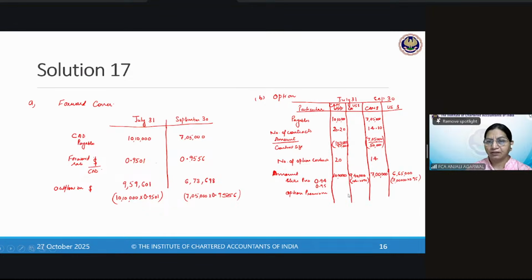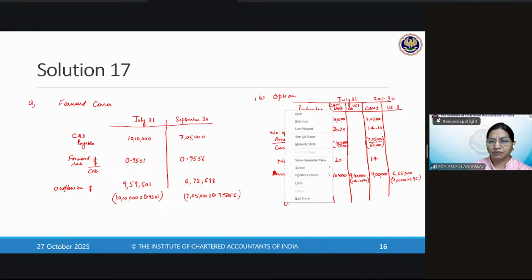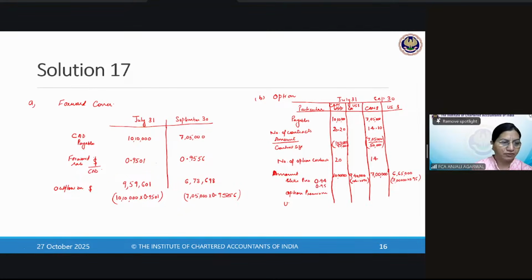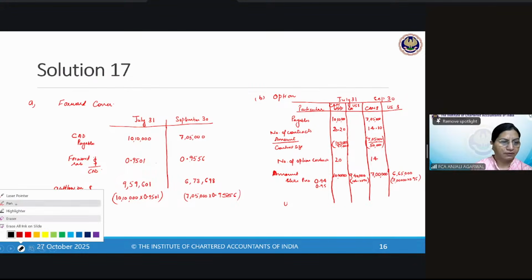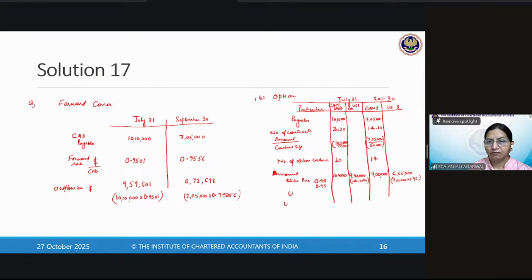These you will pay directly in US dollars. Okay. And finally, there would be some portion unhedged also. So how much was the unhedged portion? Let's first write for the unhedged portion.